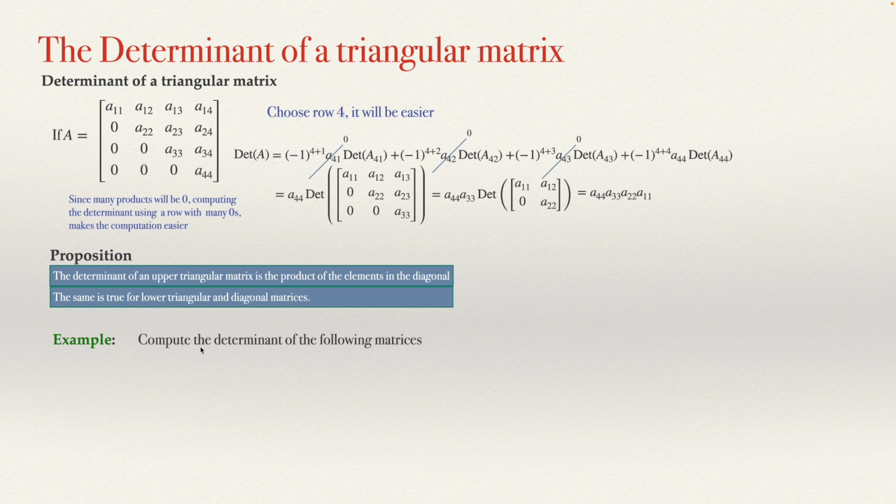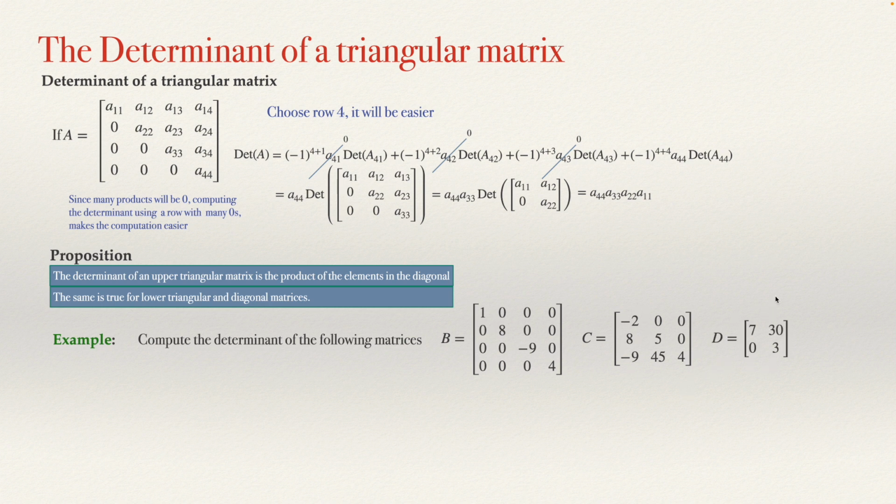So for example, compute the determinant of the following matrices. The determinant of this matrix. This is a diagonal matrix, but it's also a triangular matrix because all the elements below the diagonal are 0. Or what about this? This is a lower triangular matrix, or one like this, an upper triangular matrix.